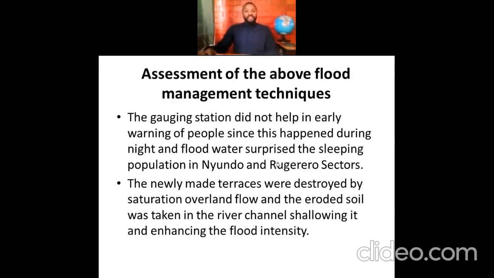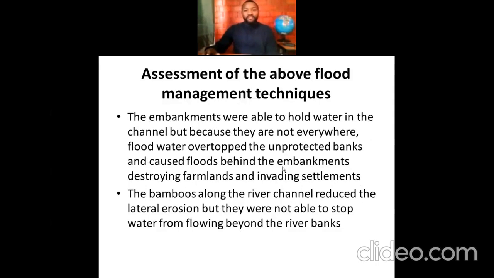The newly made terraces were destroyed by saturation overland flow, and the eroded soil was taken in the river channel, shallowing it and enhancing the flood intensity. The embankments were able to hold water in the channel, but because they were not everywhere, floodwater overtopped the unprotected banks and caused floods behind the embankments. So they started invading the farmlands and the settlements.